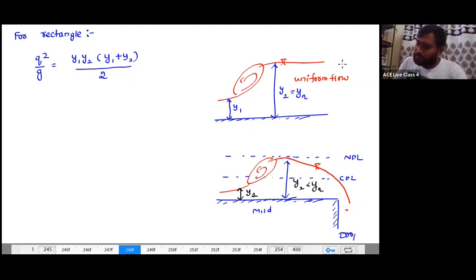So what is the difference between this one and this one, sir? See, due to this drop, if there is anything happening on the downstream side, haven't we discussed these things? Yes. So if anything happens on the downstream side, then the water level may rise or may fall.